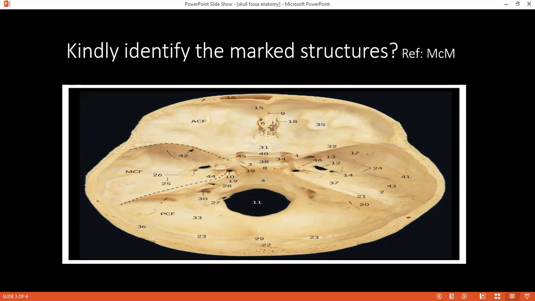Ma'am, foramen lacerum is number 10. Okay. Can you please tell me what passes through it?